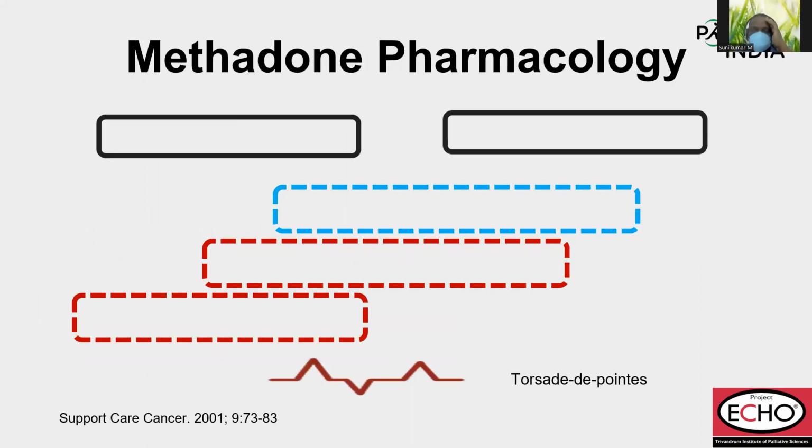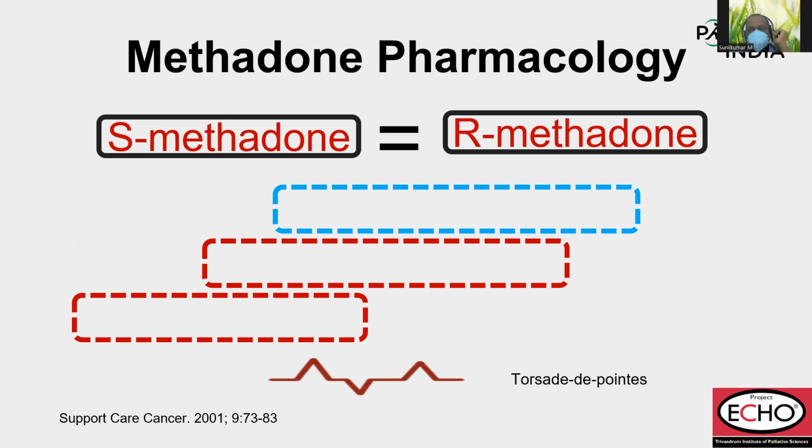So methadone is available in India as a mixture of two isomers, that is S-methadone and R-methadone. You know that morphine is a strong mu agonist, but methadone acts on all the opioid receptors as an agonist. So it acts on mu, kappa, and delta opioid receptors as an agonist.